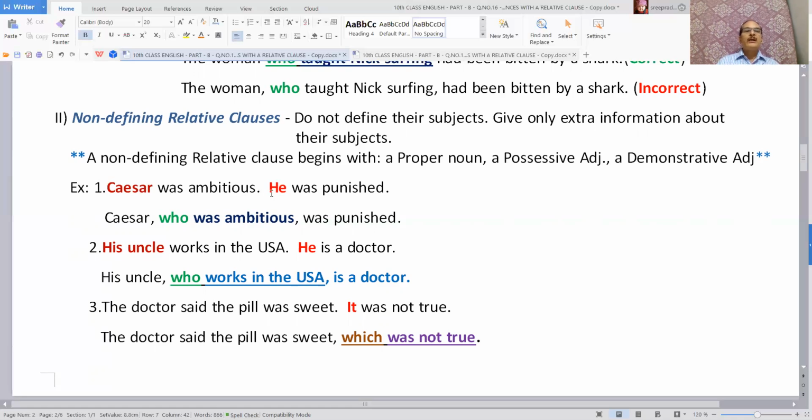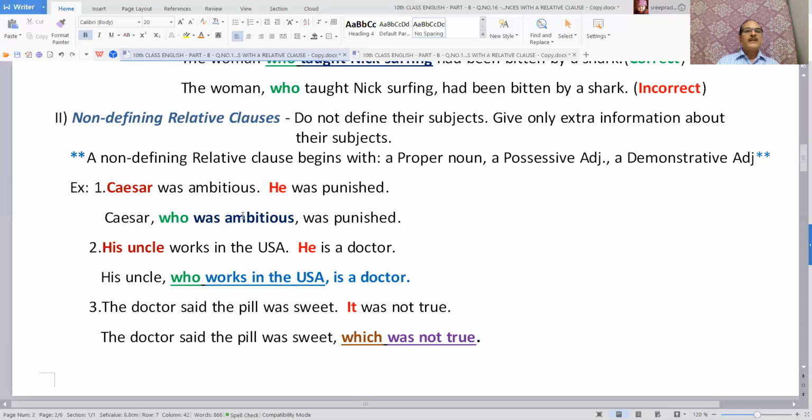He was punished. So if we have to combine these two sentences, we use a non-defining relative clause like this: Caesar, comma, who was ambitious, was punished. So the main clause is Caesar, subject, was punished, predicate. This is the main clause.